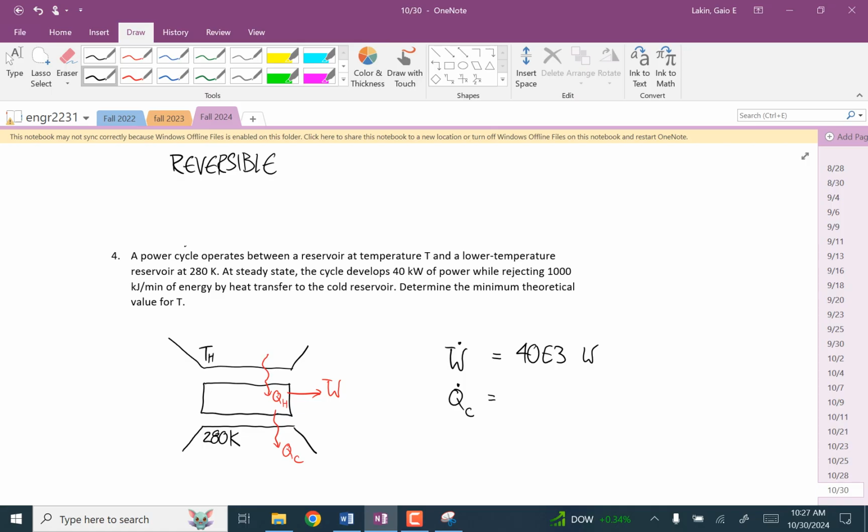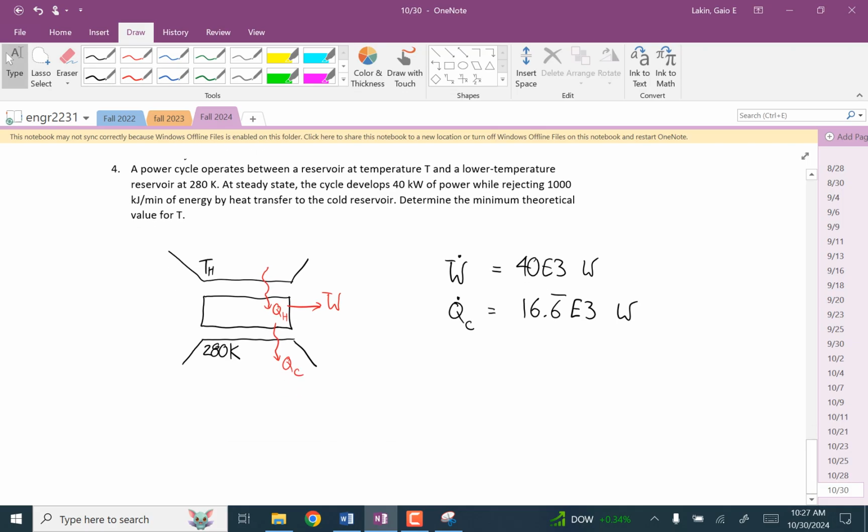Okay, so just divide that by 60. That's not so bad. 16.67, right? I think. Yes, that's right. So QC dot is 16.6 repeating times 10 to the third watts. And so we know that QH dot has to be equal to the sum of these two.